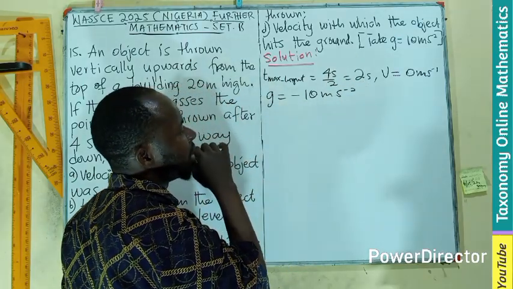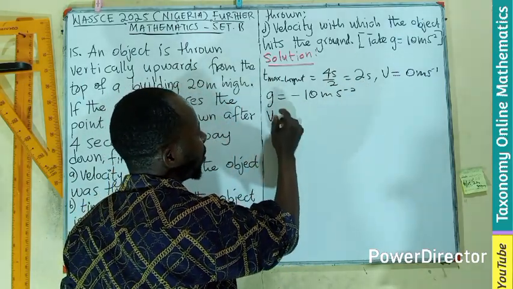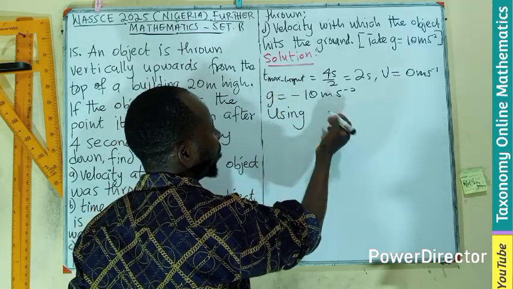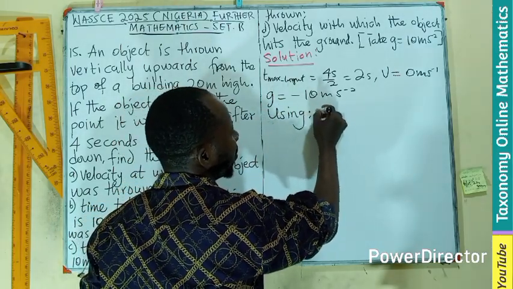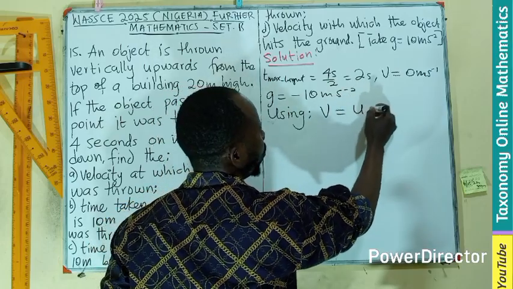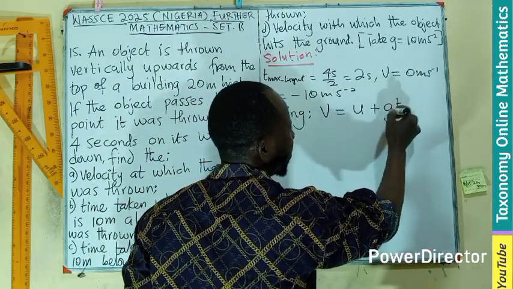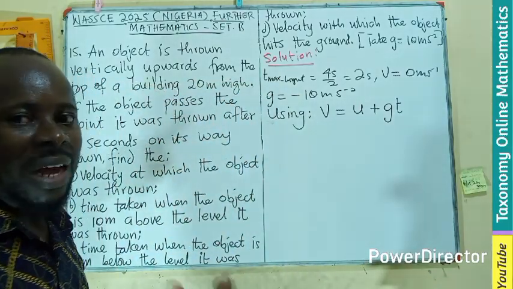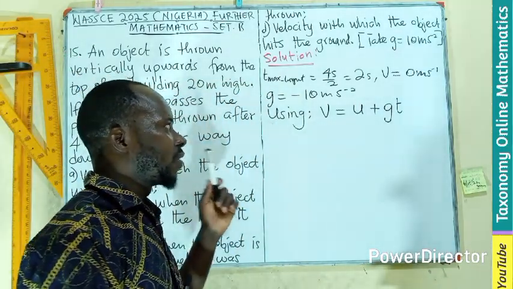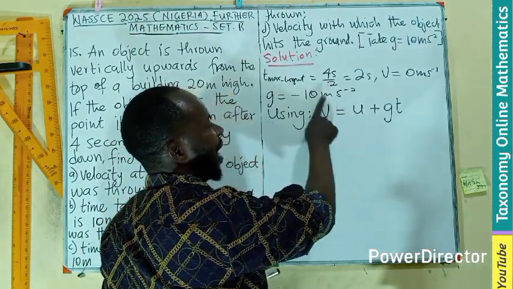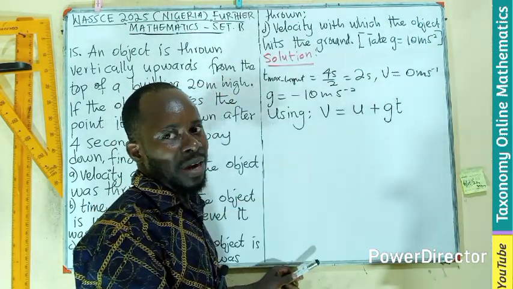So using the motion formula, V equals U plus AT, in this case GT, where G is the acceleration due to gravity. But because G is going to be negative, I'm going to put negative here and write the 10 when I'm writing the value.